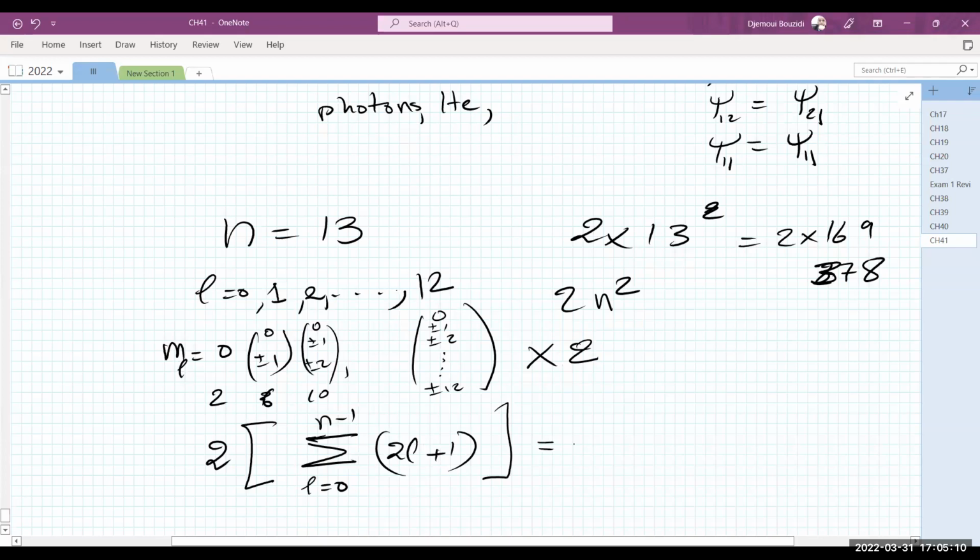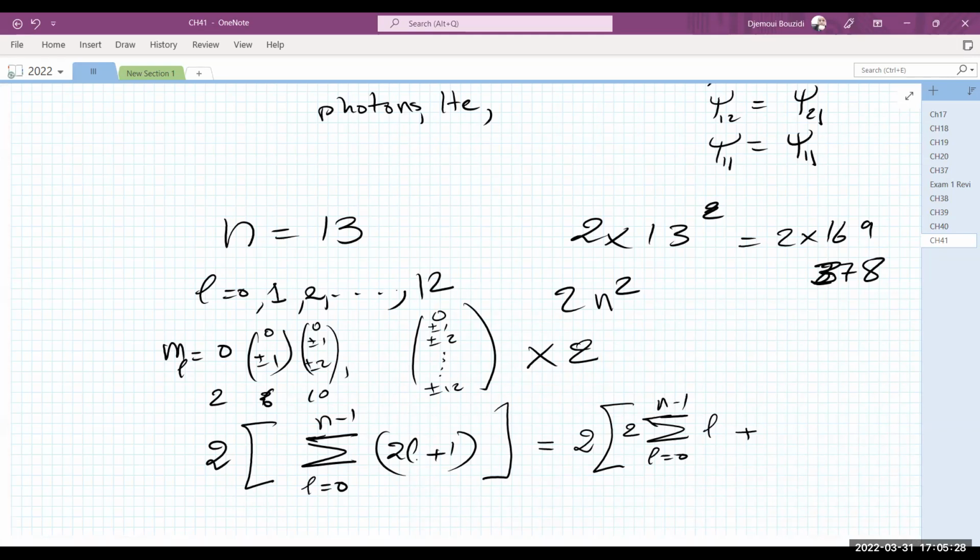Obviously, I can break down this sum into 2 sums. So it's 2 times the sum of 2 times l from l equals 0 to n minus 1, plus, and here I have to add numbers from 0 to n minus 1. I have n numbers. All of them are 1. Because from 0 to n minus 1, it's actually n.